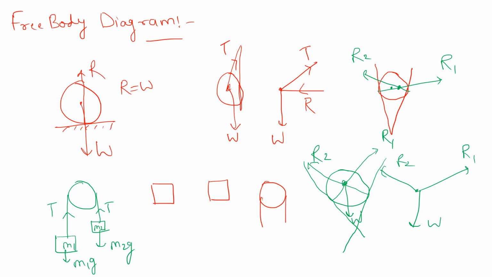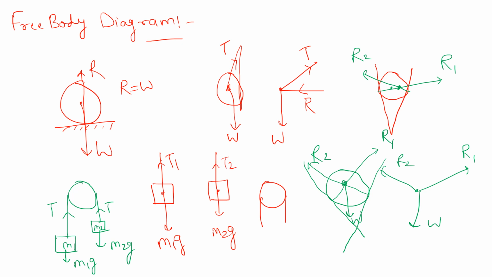Okay. If you consider the mass M1, the weight M1G acts downward and the tension acts upward. So this is T1. And for this, the weight acts downward and the tension is upward.